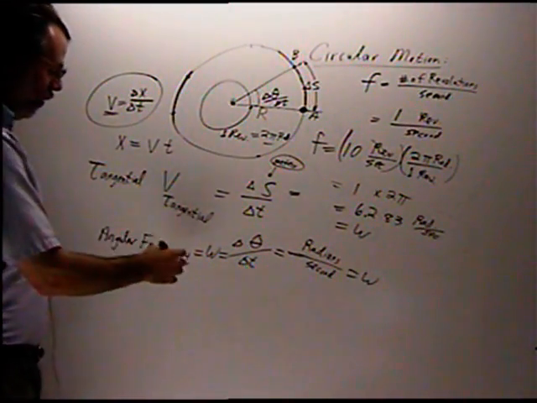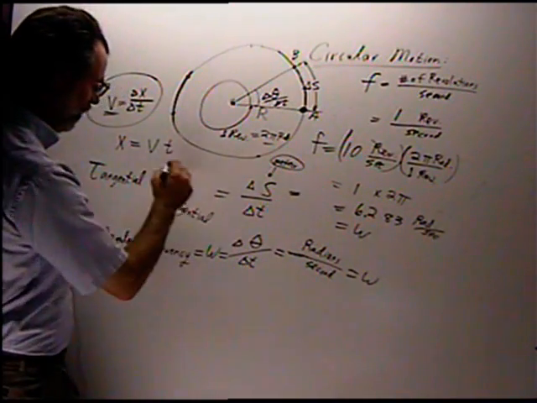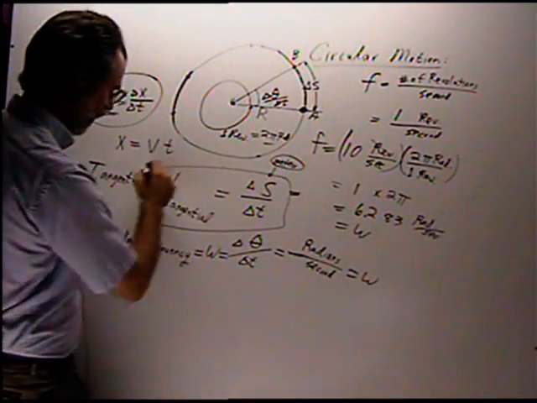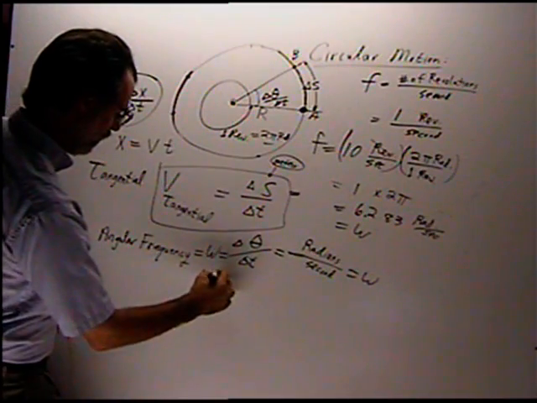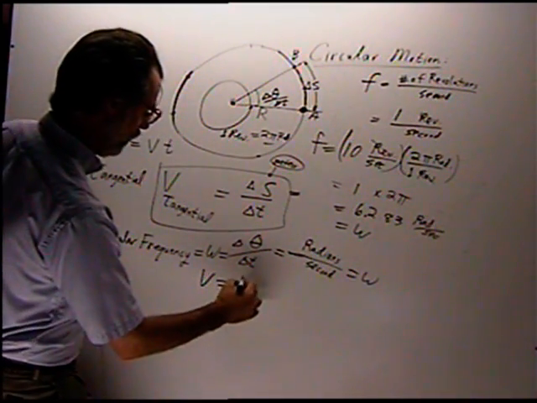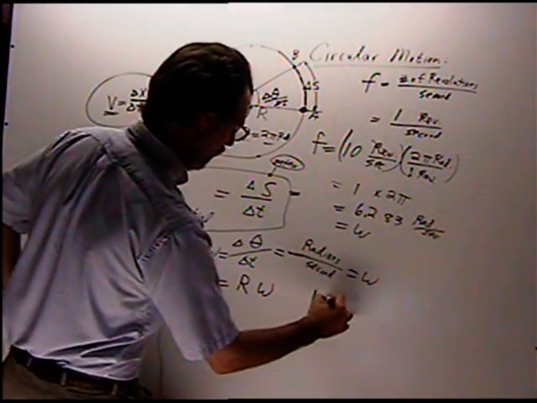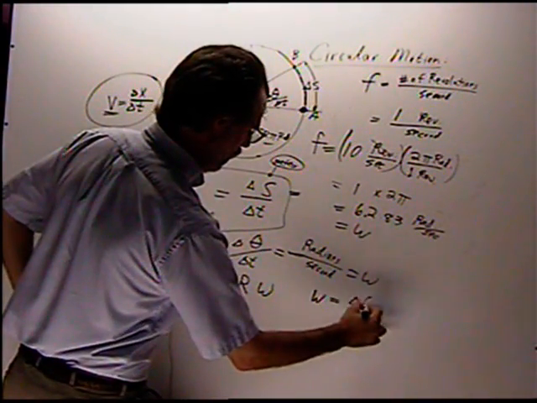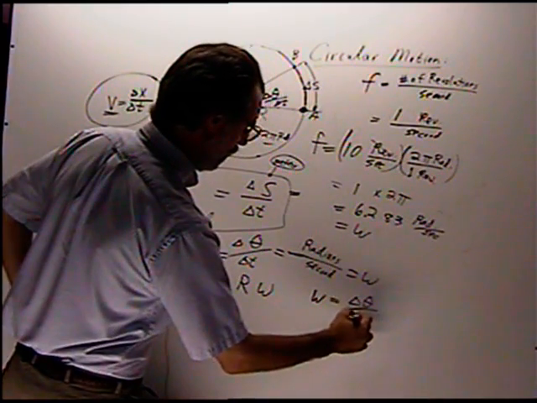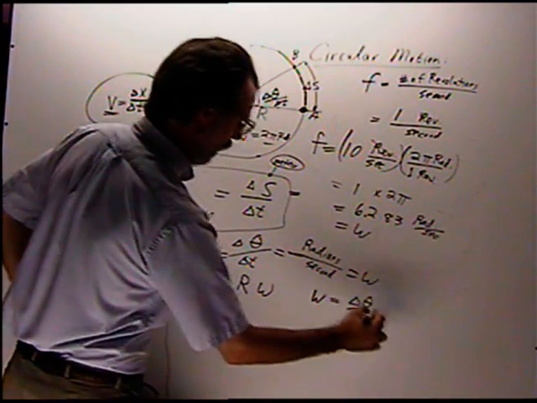So what we say is, from this equation here, that the tangential velocity is equal to the radius times omega, where omega is the number of radians per second.